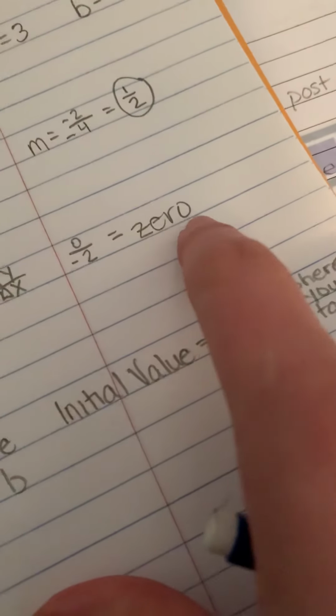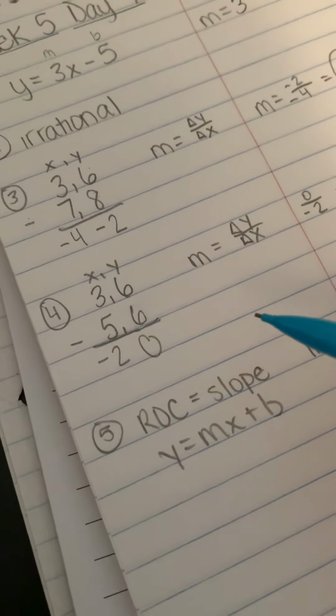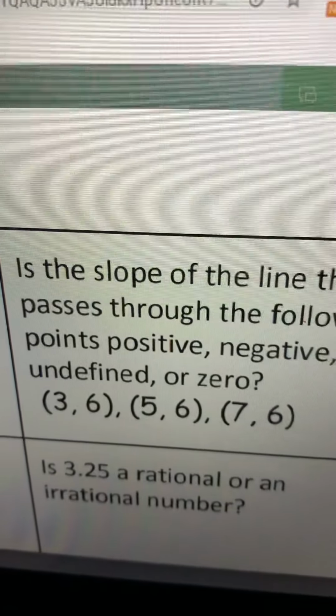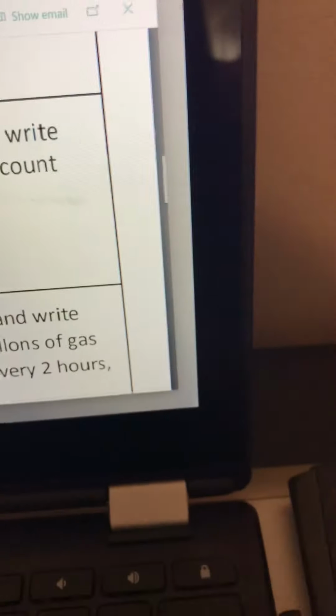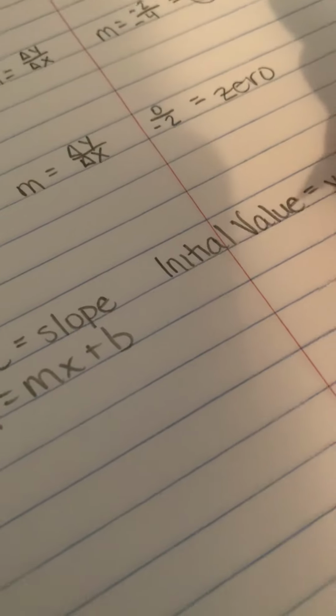So this one has 0 in the numerator, so we know that our slope is 0. That means this is going to be a horizontal line. If we were to plot these points and draw a line between them, we would have a horizontal line. That's a 0 slope.